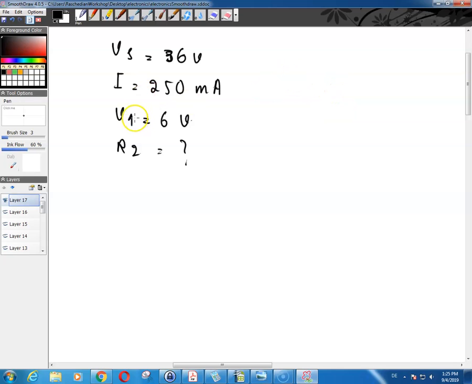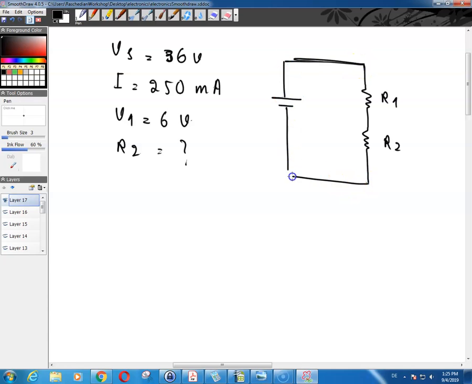Since you have V1, you know that there must be some R1 in the circuit as well, because this is the voltage drop across R1, your first resistor. And there is a second resistor as well. I call this R1, I call this R2, and these are connected in series, connected to a power supply.